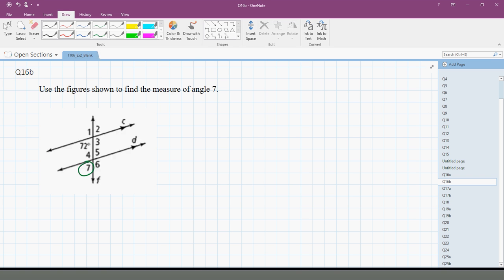No. Look for some sort of relationship between these two. Just like in the last one, there was a relationship between the angle given and that one. They were a linear pair. Is there a relationship between this angle and this angle? Yeah, congruent. Why are they congruent? What is their relationship?